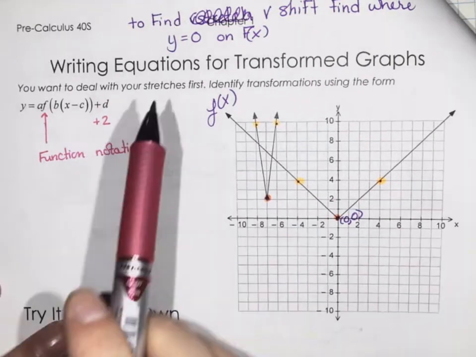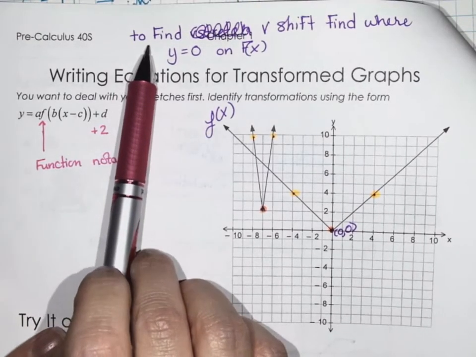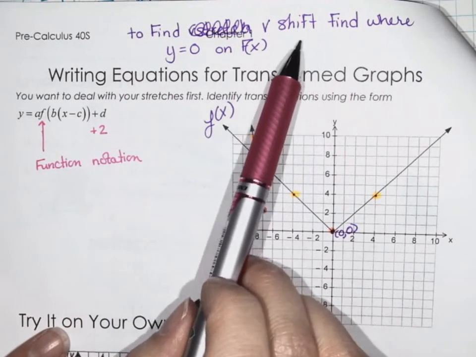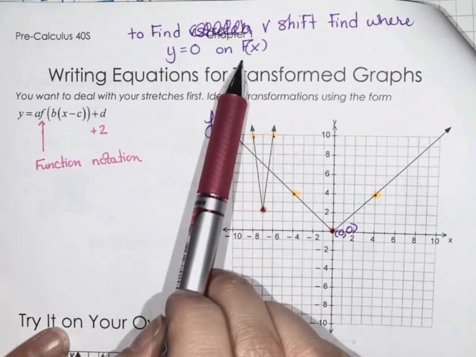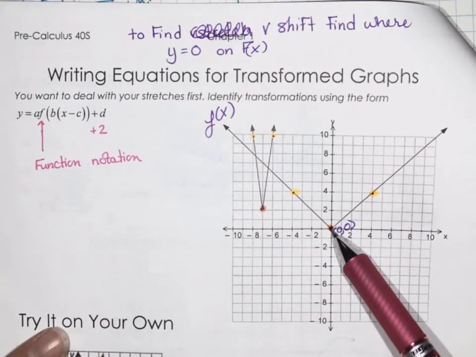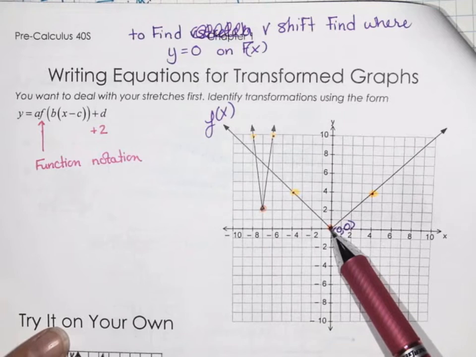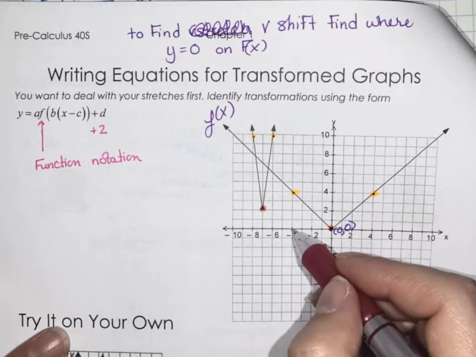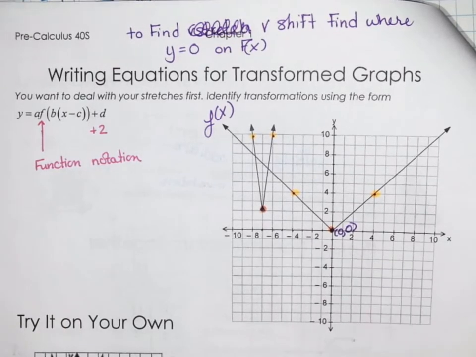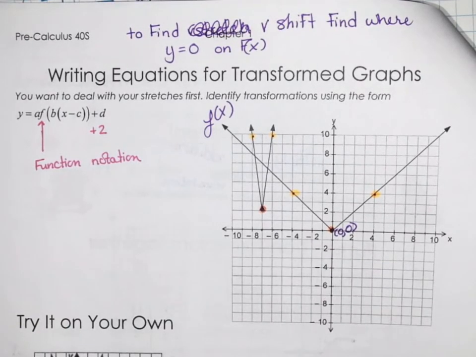Okay, so same premise here. If I want to find a horizontal shift, I'm looking where x is equal to 0 on my original graph. Okay, so we went left, how many? 1, 2, 3, 4, 5, 6, 7. We went left 7. So what is C going to be? Okay, in the equation, it's definitely going to be plus 7.